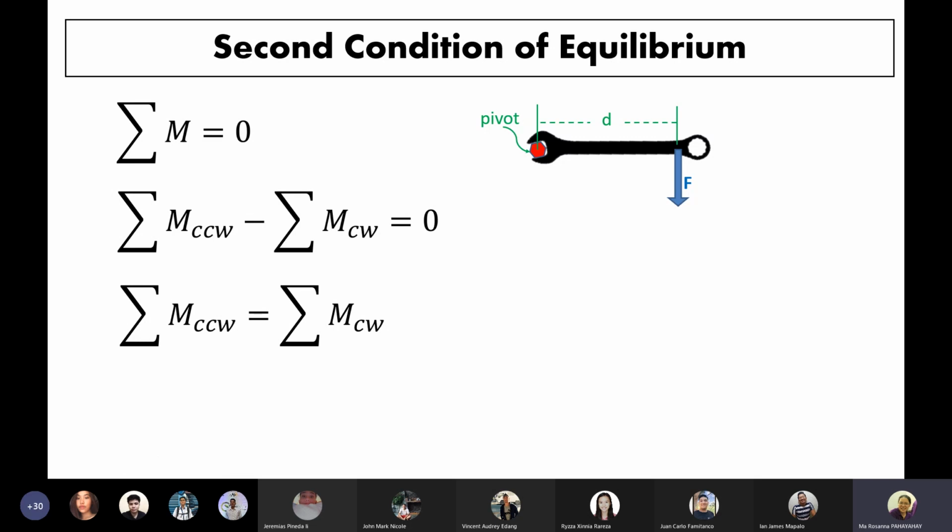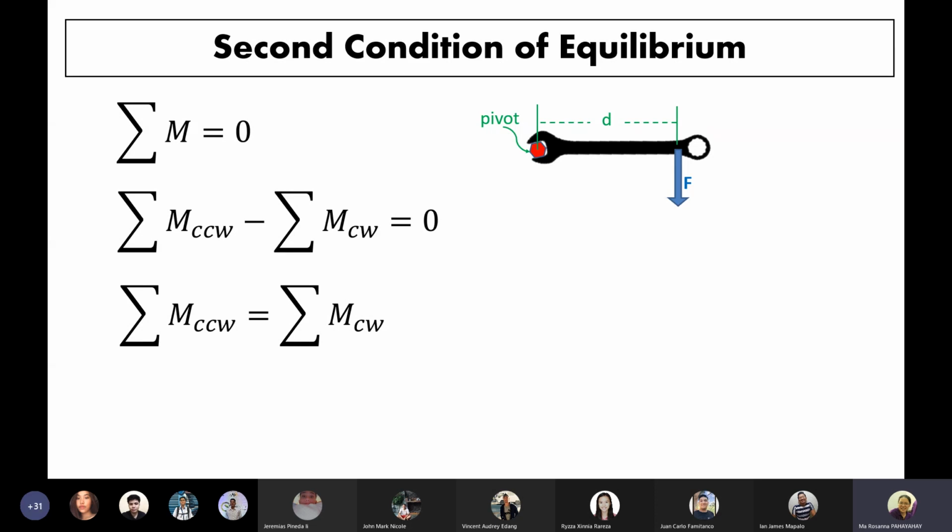Okay, since this force is going down, pero not all forces that are going down will turn this wrench clockwise. So definitely the moment here, what should it be? Is it positive or negative? If the force will make the system turn clockwise, okay, so that should be negative.